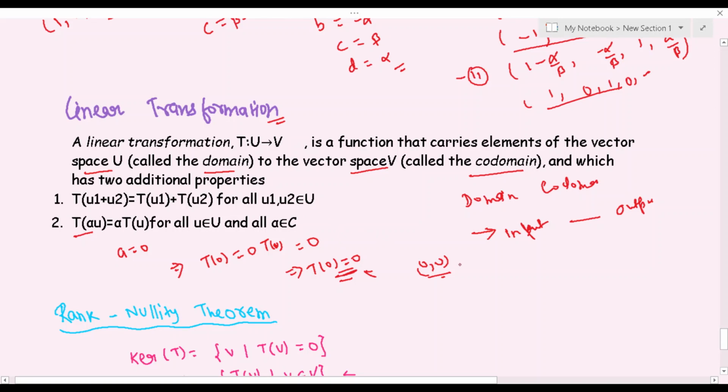If you have to check, the first step is you must check whether 0, 0 satisfies it or not.